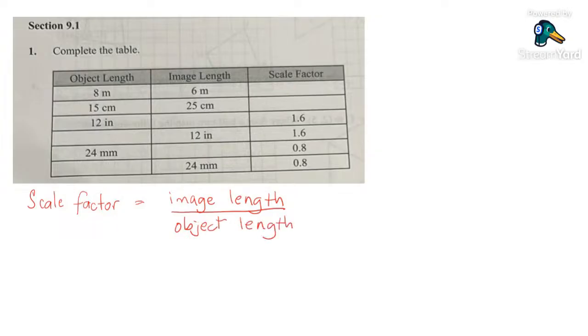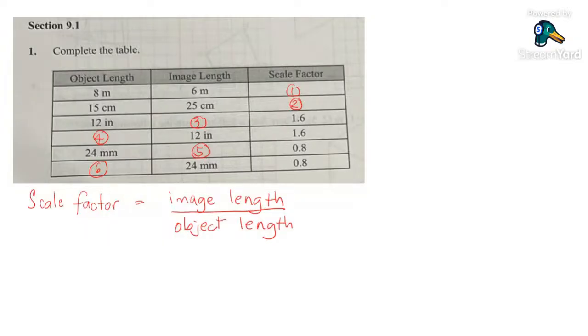If we're going to number the unknowns, we have number one here, number two, scale factor. Number three is the image length that is unknown, scale factor is given. Number four, the object length is unknown, scale factor is given. Number five, image length is unknown, and number six, the object length is unknown, scale factor given.